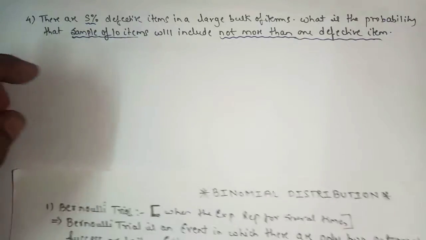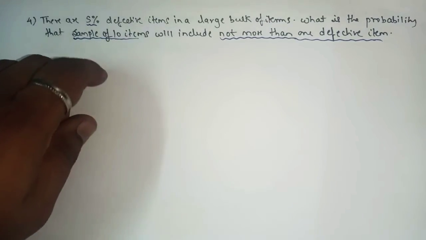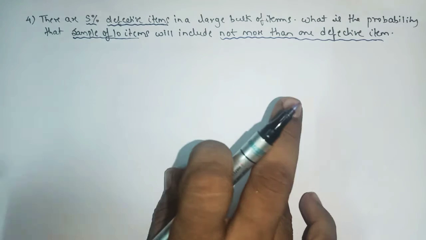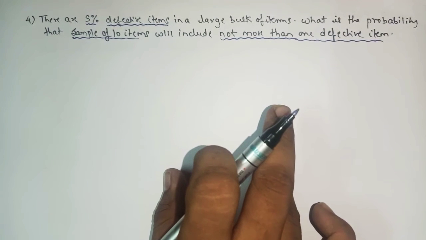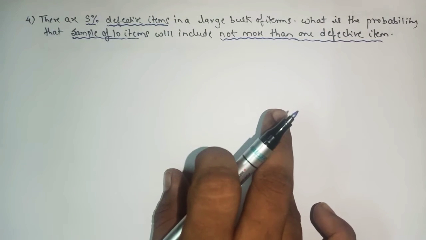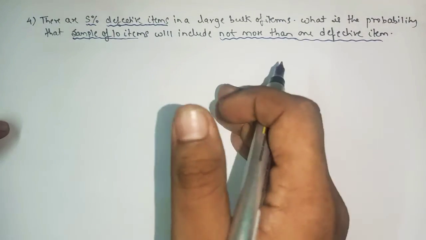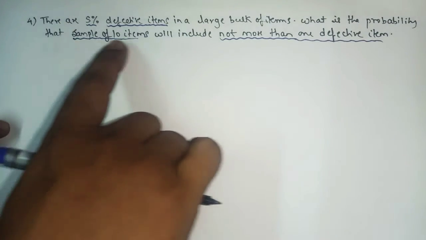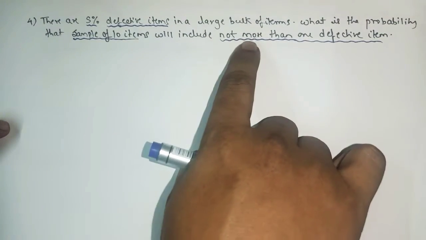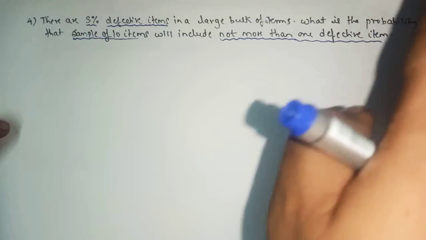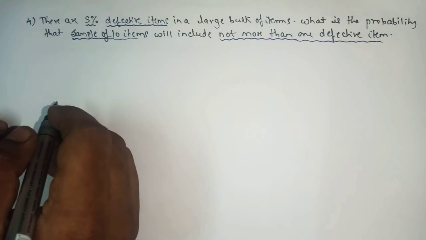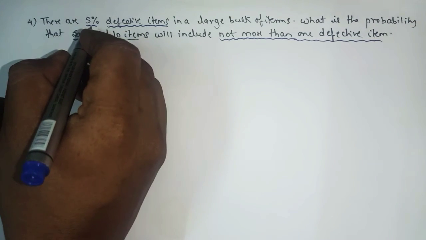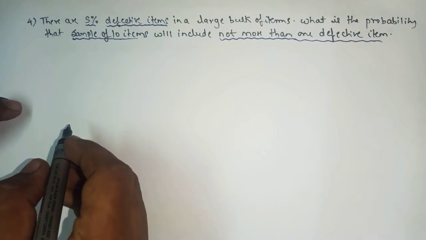So here, this 5% defective items, we'll consider p as getting a defective item, as the sum is based on that only. Because we have to find the probability that a sample of 10 items will include not more than one defective item. This 5% is the value of probability.